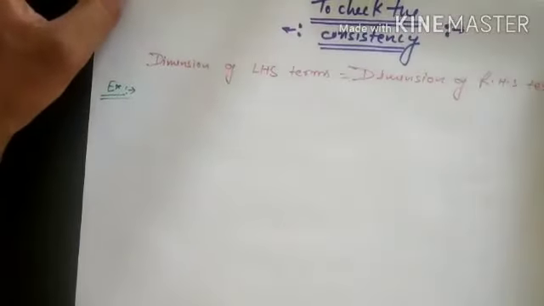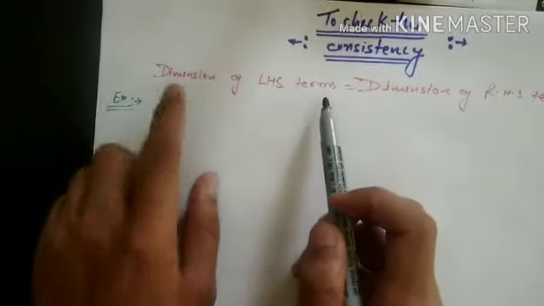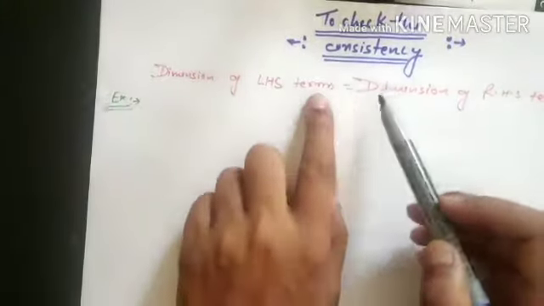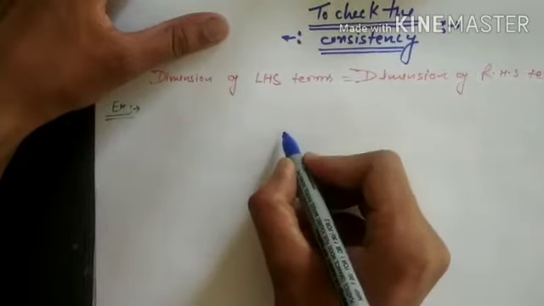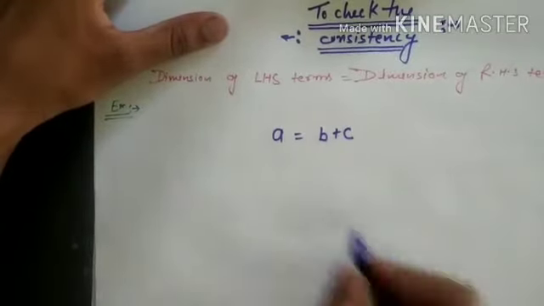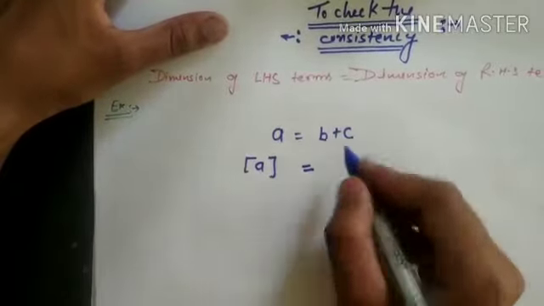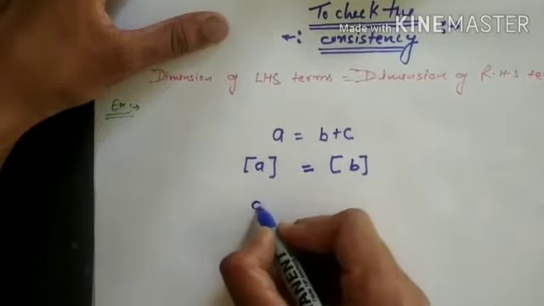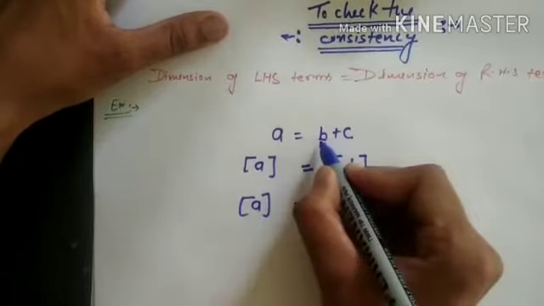How to check whether any physical relation is correct or not? Here's a basic rule: the dimension of the left hand side terms must be equal to the dimension of the right hand side terms. What does it mean? If we have a relation A equals B plus C, then the dimension of A must be equal to the dimension of B, and the dimension of A must be equal to the dimension of C also, because here we are using two terms.